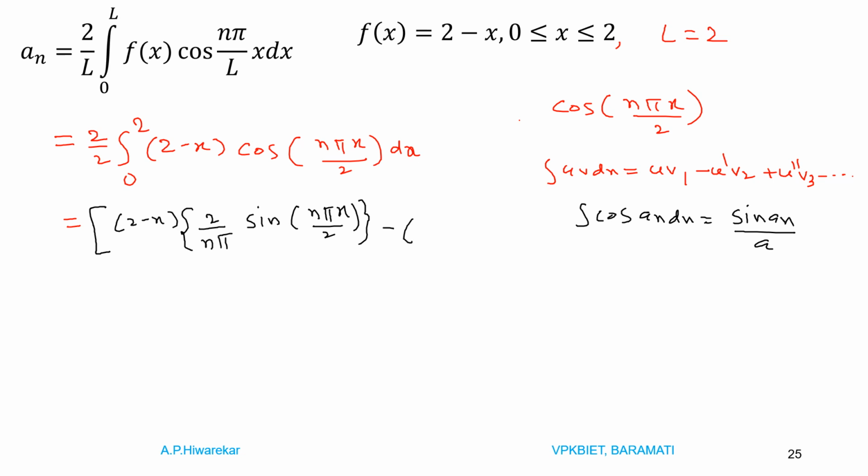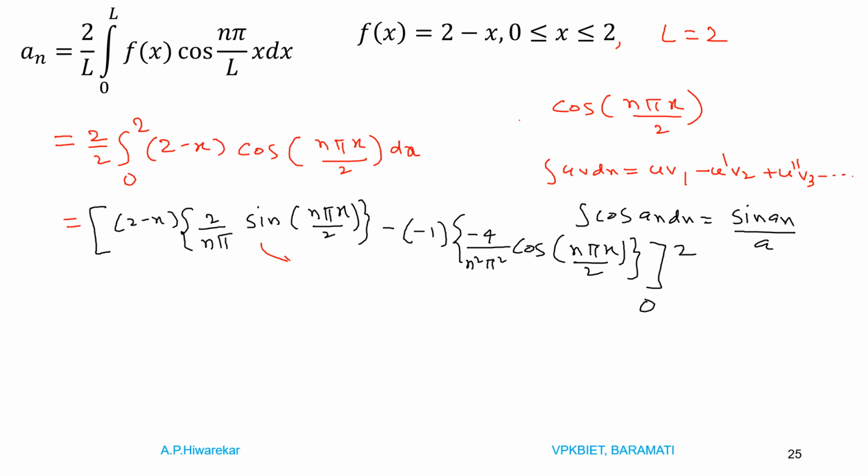Next term will be the derivative of 2 minus x, which is minus 1. Integration of sin is minus cos. So that's why it is 2 into 2 is 4 divided by n square pi square into cos of n pi x by 2 with limits as 0 to 2, because for the next term the derivative of minus 1 will be 0.